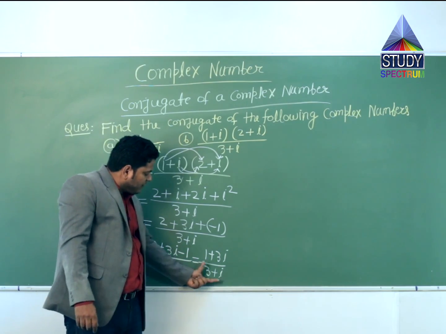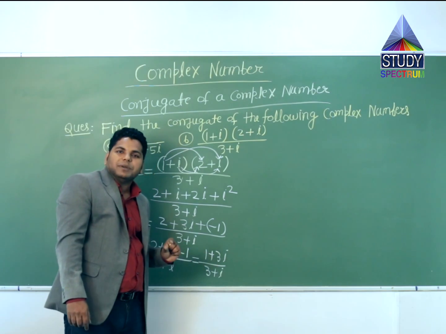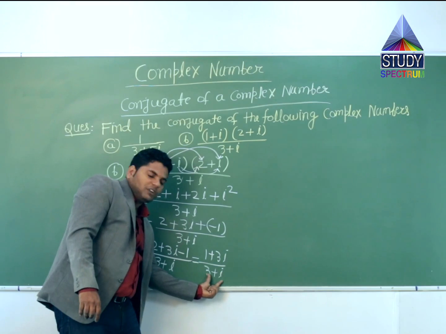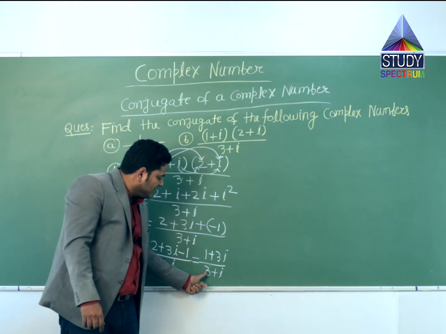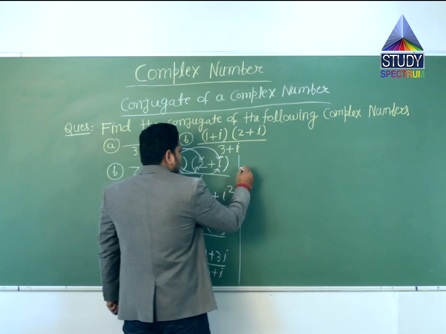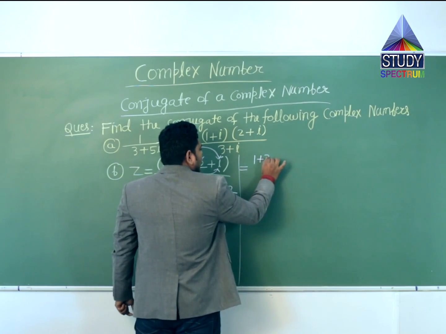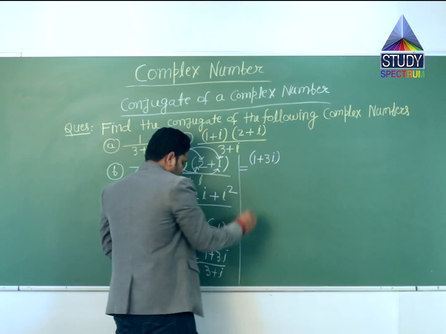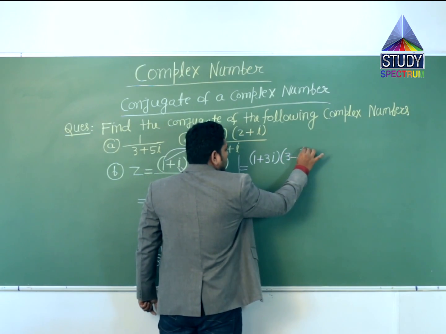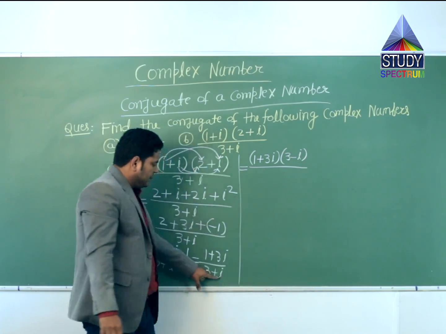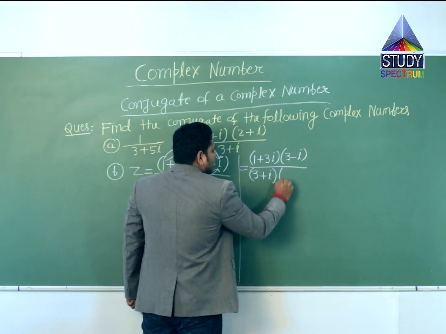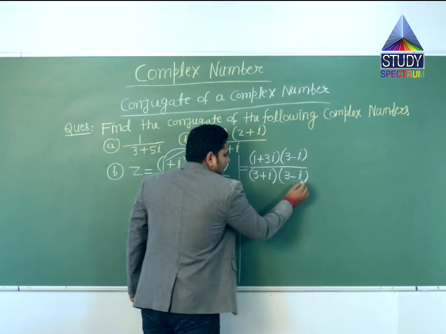To do that, we will multiply numerator and denominator by changing the sign between these two terms. We will multiply numerator and denominator by 3 minus i. So 1 plus 3i into 3 minus i upon 3 plus i into 3 minus i.